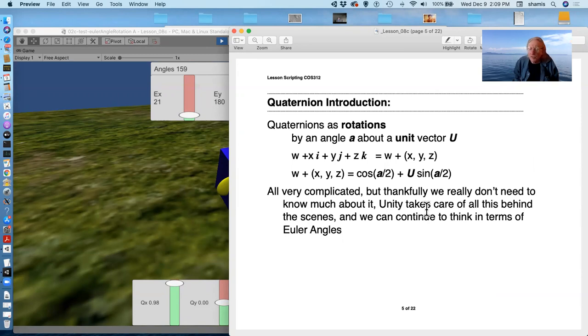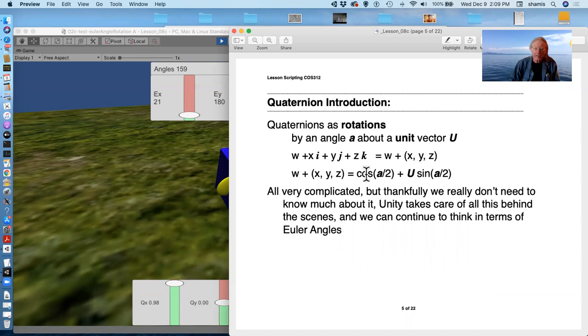Now, a quaternion represents a rotation by an angle A about a unit vector u, where the unit vector u is represented by the x, y, and z, and the angle A is represented by the w.